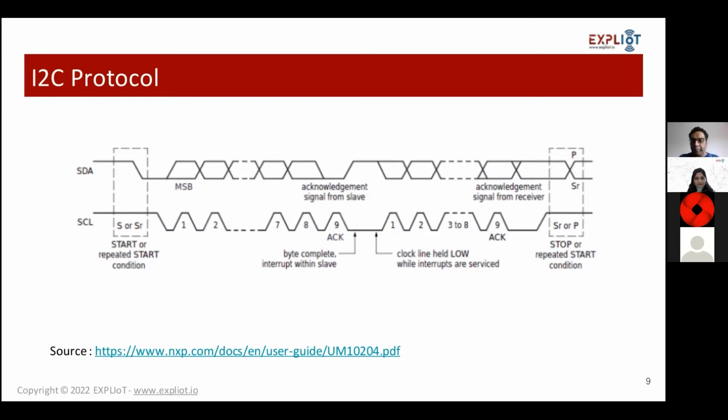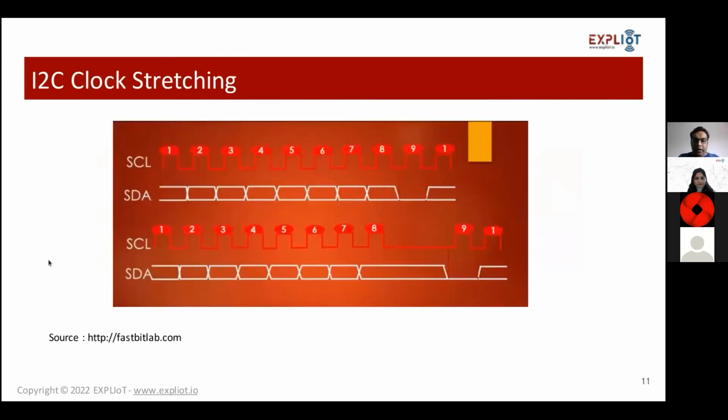What happens is that the 8 bits of data have been communicated perfectly fine, and the slave will send a positive acknowledgement. Now, think of the situation where the slave is not able to maintain that synchronization, or cannot keep up with that particular clock signal.